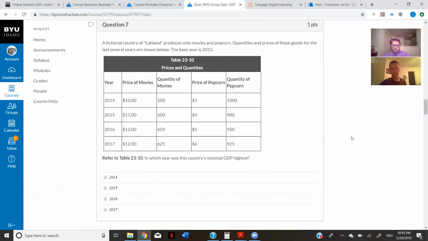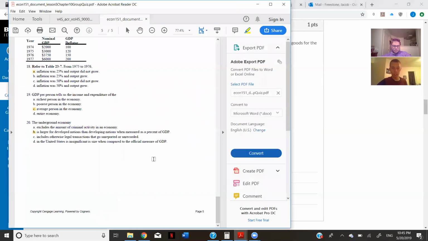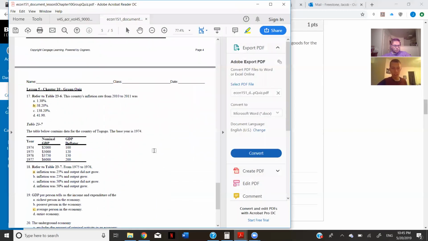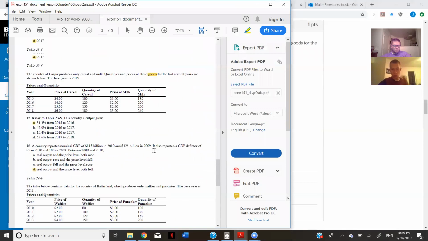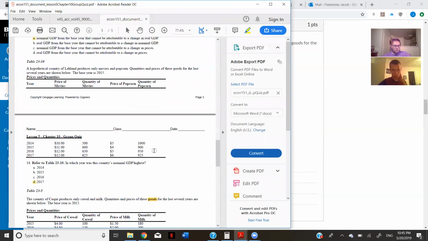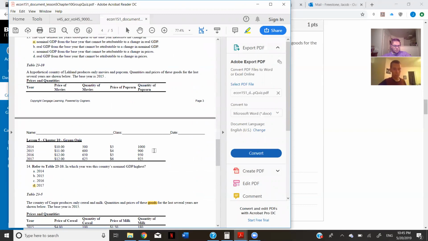Okay, number 7 is Lahland. If you want to search that, Lahland, which was 15 or 16, I think. Yeah, number 14 on it. I put D. So, what's the formula for nominal GDP?